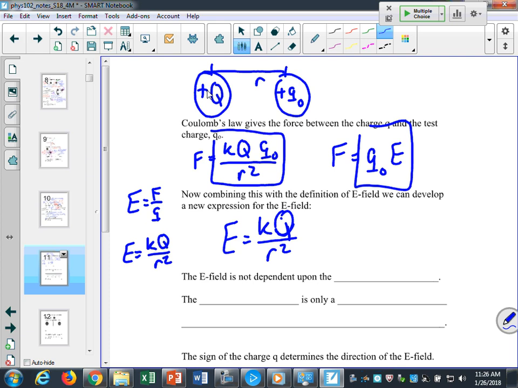So notice that the electric field is in no way dependent upon the positive test charge. We just use this positive test charge in the way that we think about what the electric field is. But it doesn't actually exist. And it's not affecting the electric field at all. So the electric field is not dependent upon the test charge.